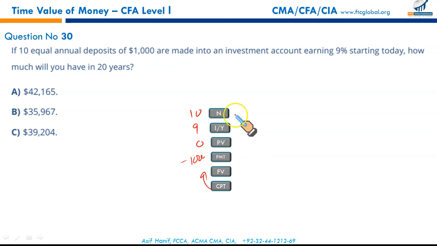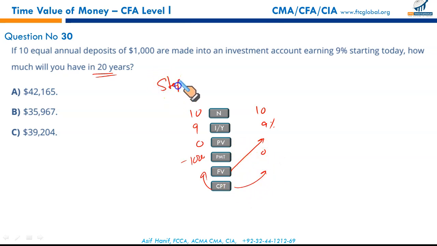Once we calculate the future value, the next step would be to invest it again for the next 10 periods, because we have to reach till the end of the 20th year. Interest rate is 9%. Whatever the future value will come, it will become the present value for the future amounts, no payments, and then you will calculate the future amount. Let me show you how it will work.